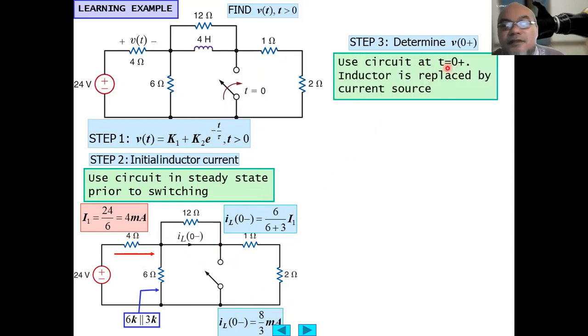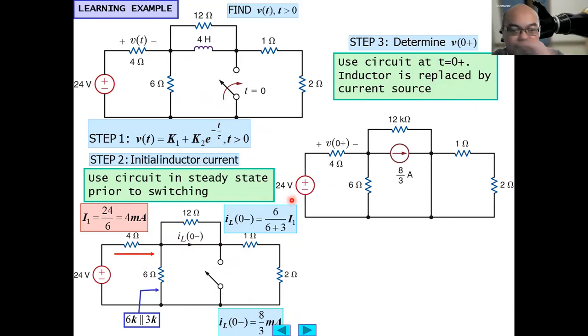Use the circuit at t equals 0 plus. The inductor is replaced by a current source, so the current flowing through the inductor is 8/3 milliampere. This is milliampere actually, not ampere, so that was a mistake in the unit.